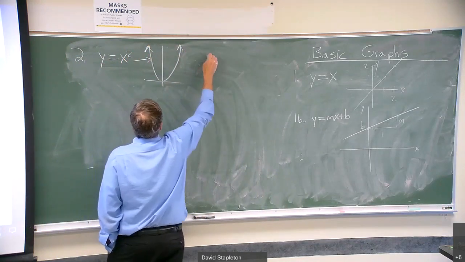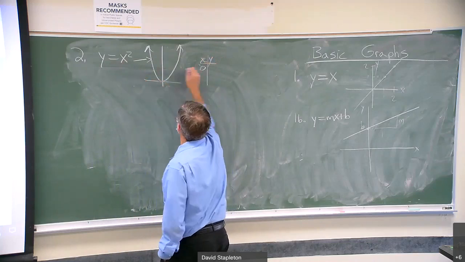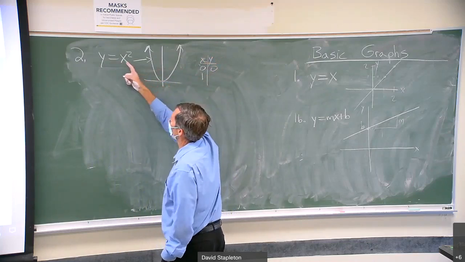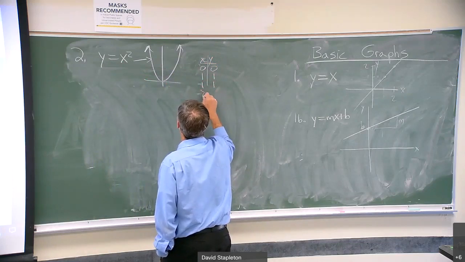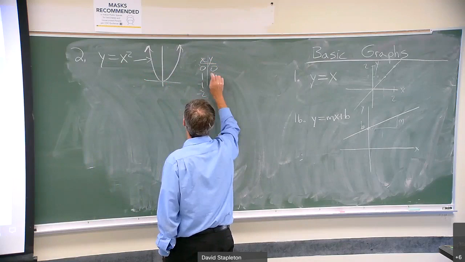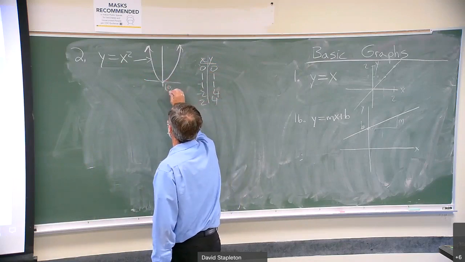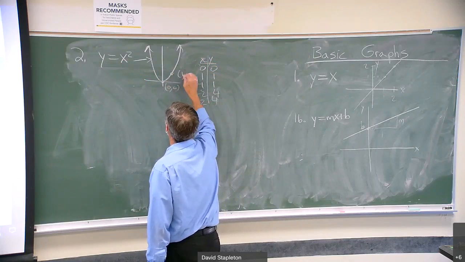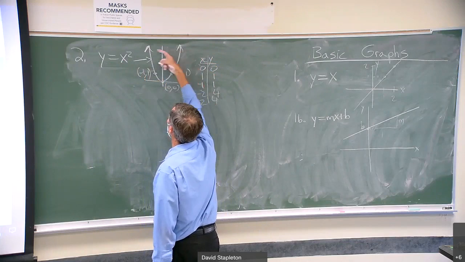And if you compute some points on it, put x equals 0, then y is 0 squared, which is 0. Put x equals 1, and 1 squared is 1. Minus 1 squared is 1, minus 2 squared is 4, and 2 squared is 4. So you get these points on it: 0, 0; 1, 1; minus 1, 1; 2, 4; and minus 2, 4.